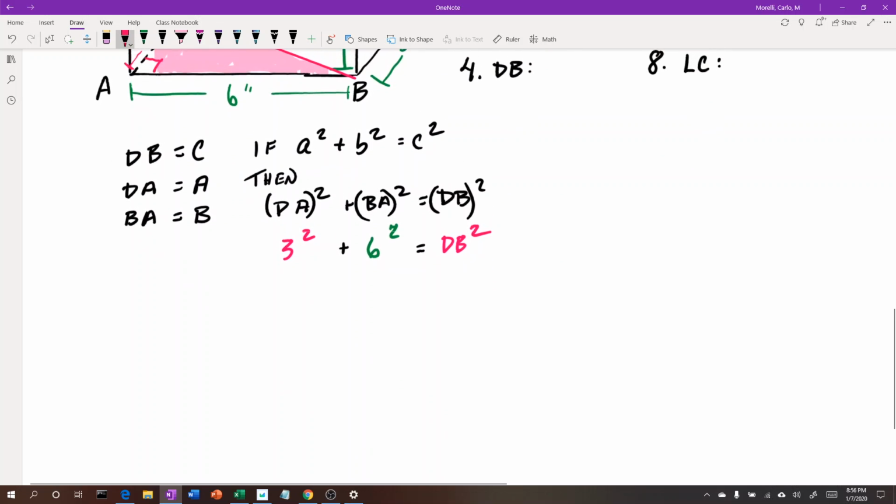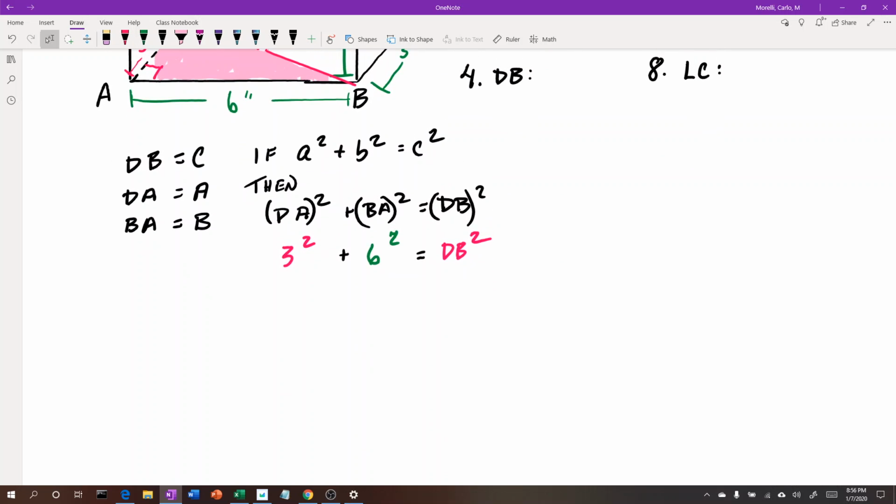So this is a straight up application of the Pythagorean theorem. What we can do is take the square root of both sides. So the square root of dB squared, that's just going to be dB. That's the distance that we want.